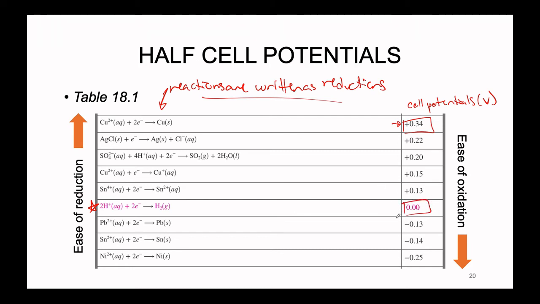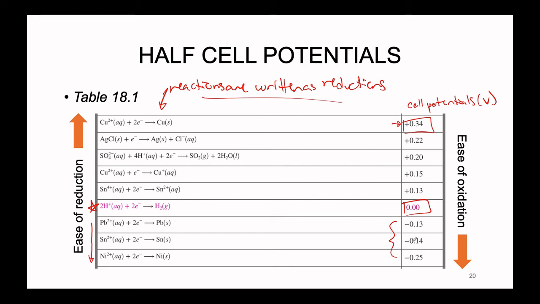On the other side, as we continue working our way downwards, looking at lead and then tin and then nickel, the reason why these voltages become negative is because these materials are actually not easily reduced by the standard hydrogen electrode.